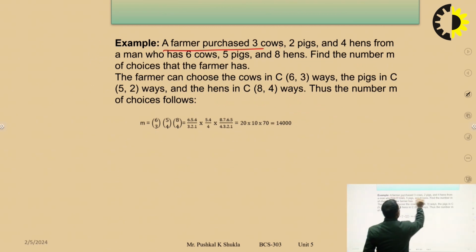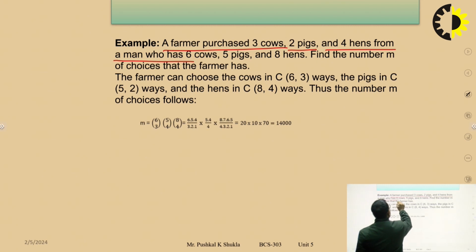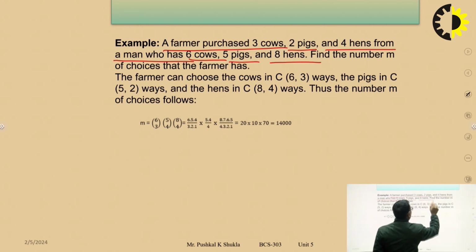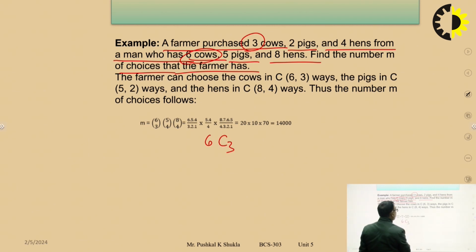A farmer purchased 3 cows, 2 pigs and 4 hens from a man who has 6 cows, 5 pigs and 8 hens. Find the number n of the choices that the farmer has. So out of 6 cows, 3 are chosen, which can be achieved by 6C3.